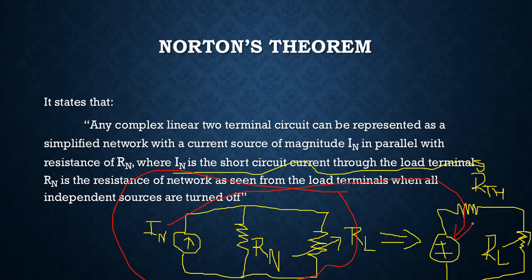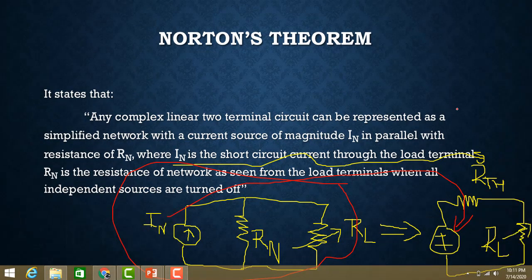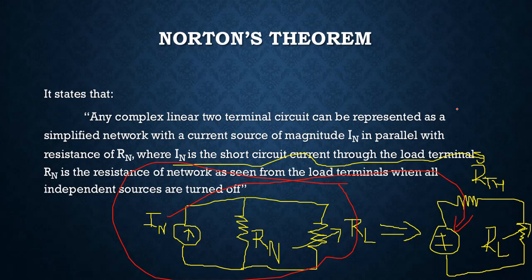There is no point in doing very long analysis for both theorems, right? You simply need to calculate one equivalent circuit, apply source transformation, and find the other.